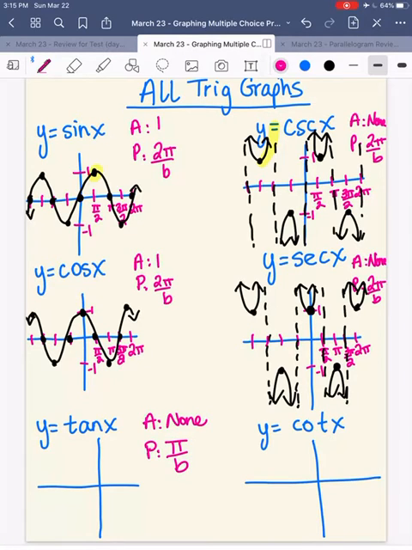Okay, so then the other important thing is this right here, so I might highlight that while I write, is that we've been doing 2 pi over b this whole time, and now we're doing pi over b. So remember, divide by 4, divide that period by 2, and then times the first tick mark by 3.